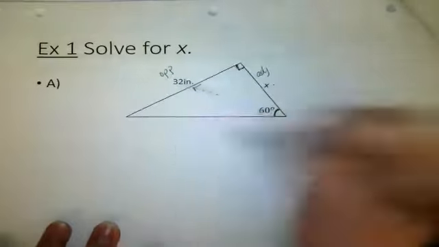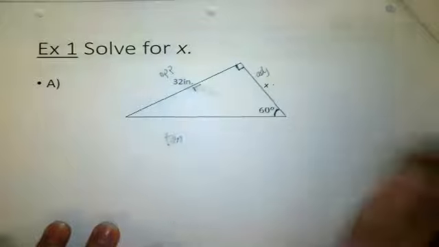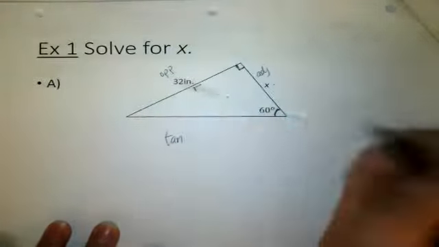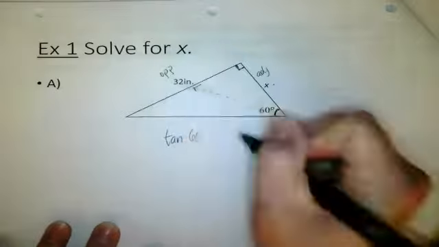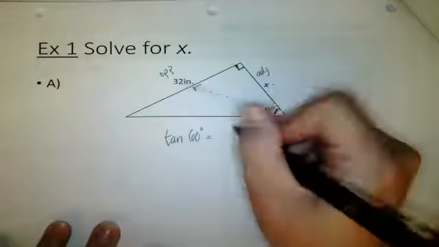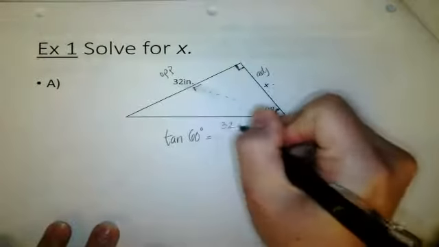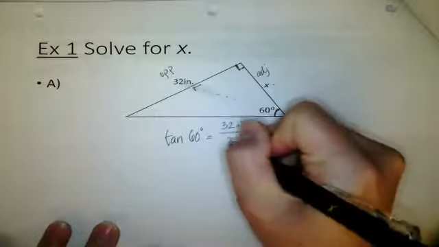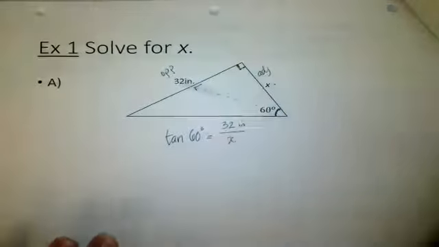Tangent, yeah. Because we know that tangent of some angle, and in this case we have a 60-degree angle, tangent of some angle is opposite over adjacent, or 32 inches over x inches.